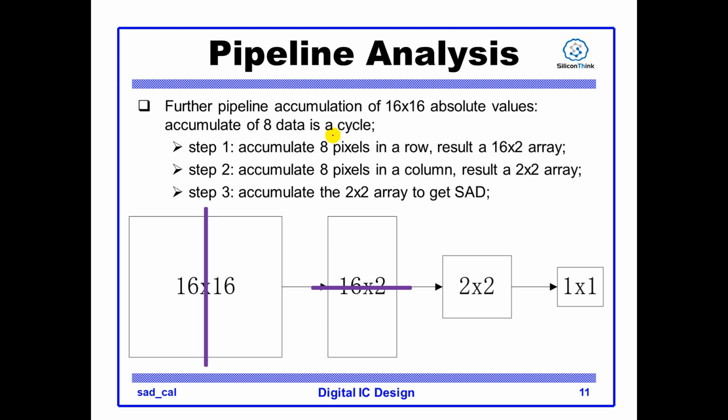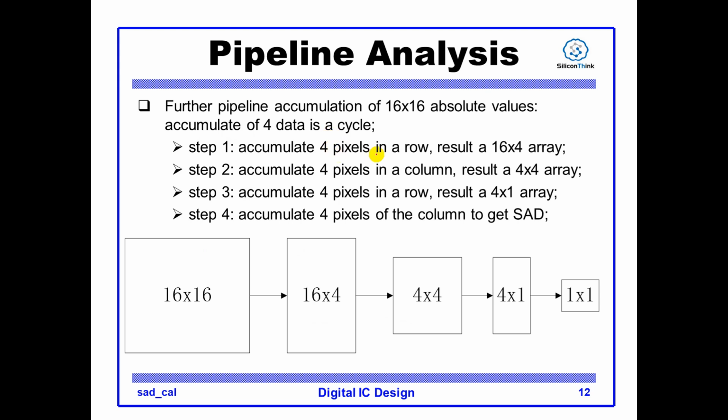Then if you are still unsatisfied with the delay here, you can further pipeline the design of the accumulation part. For example, you can try to accumulate just 4 data in a cycle. This should be something similar. I just show you the figures. 16 by 16 yields 16 by 4. Then 16 by 4 yields 4 by 4.